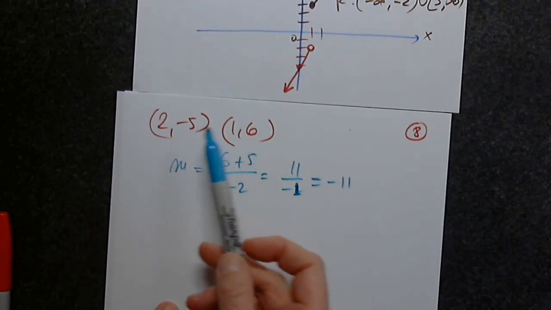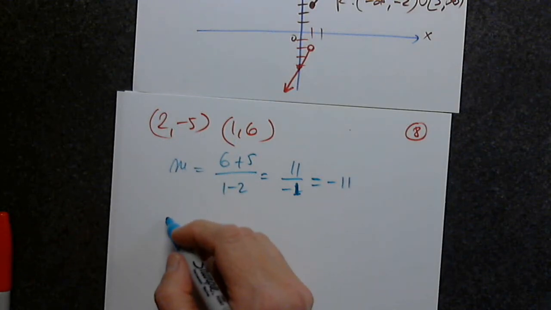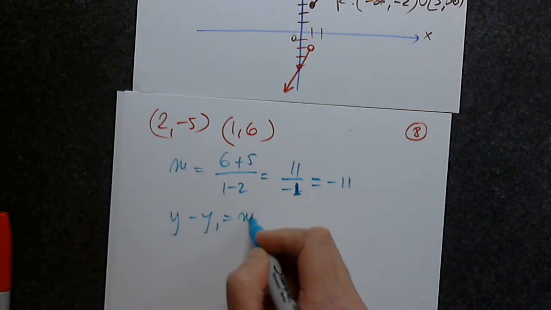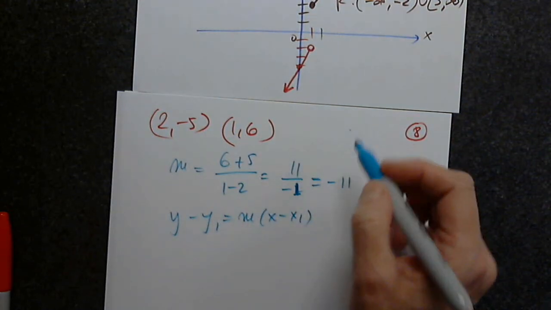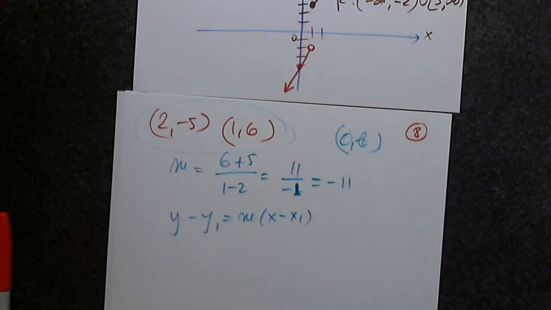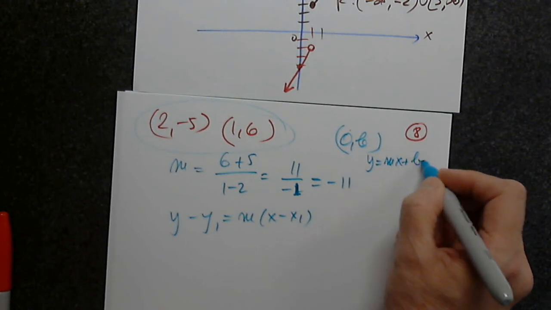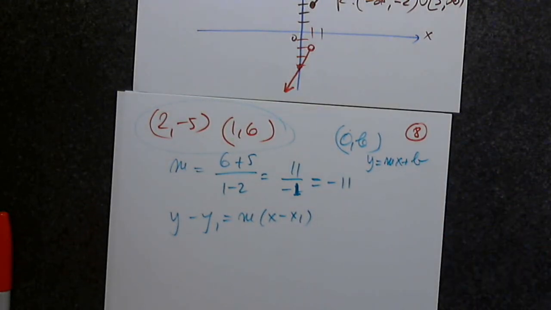So y2 minus y1 over x2 minus x1. And then y minus y1 equals the slope times x minus x1, because none of these is 0. If one of them were 0, I would have used y equals mx plus b. I put in all the numbers.